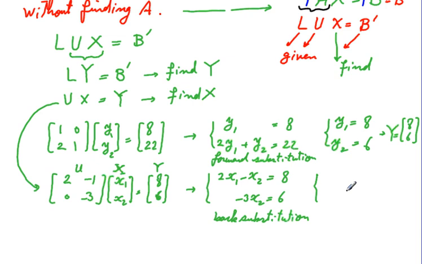So you start from the bottom, solve that one. So what's my x2? x2 is negative 2. I take it, put it here, negative 2. So I have 2x1, negative 2 makes it positive 2. Take it to the other side, 6. So x1 comes out to be 3. So here's our final solution.